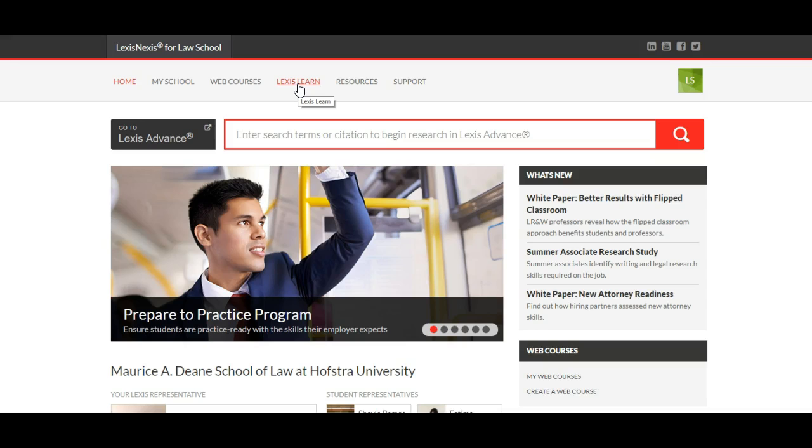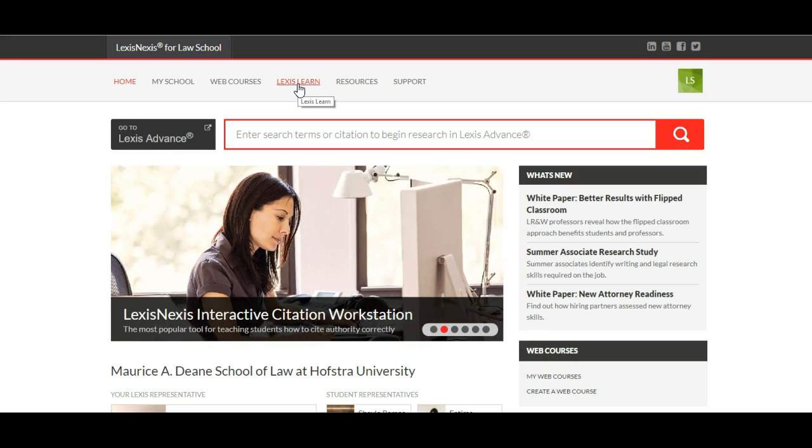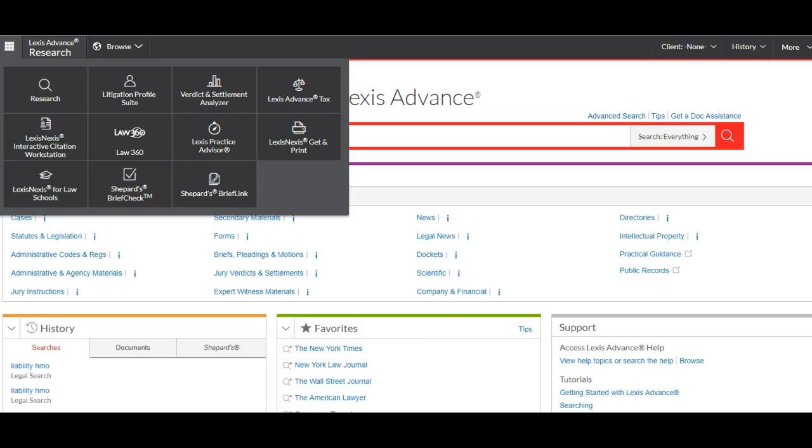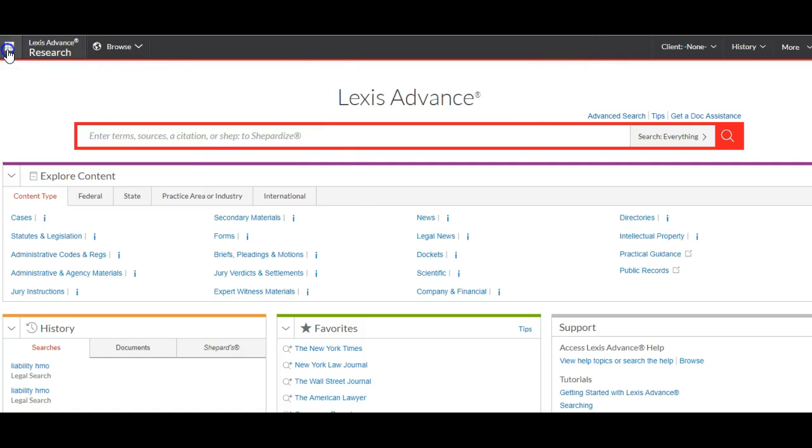You used Lexis Learn for some of our makeup materials, so for those of you following along, if you go to Lexis Learn, we're going to be investigating Practice Advisor. So this again is another tool on Lexis Practice Advisor that you access through the grid up here.